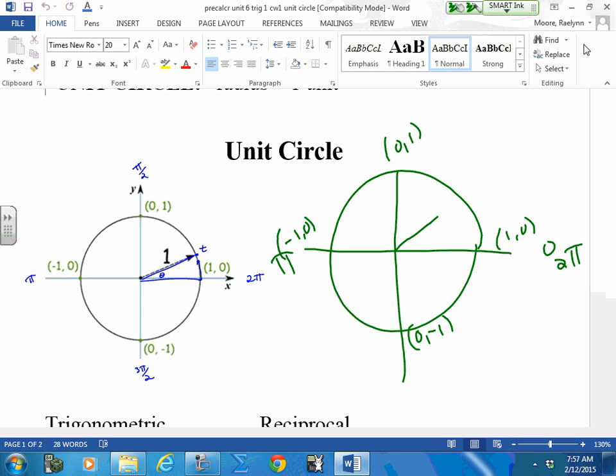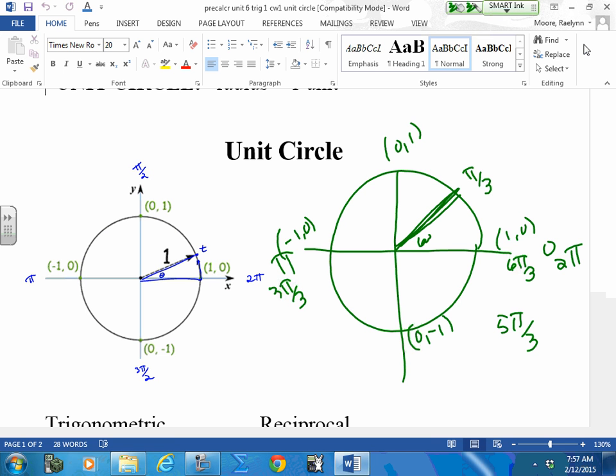I make this 60-degree angle. This is a 60-degree angle. How many times does 60 go into 180? 3. So this becomes 3 pi over 3. And what does this one become? 6 pi over 3.